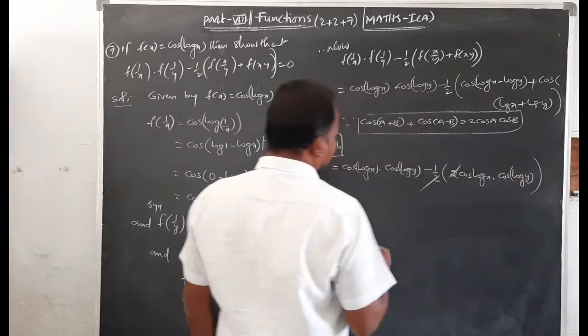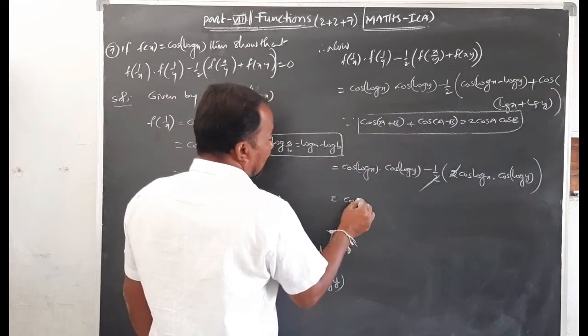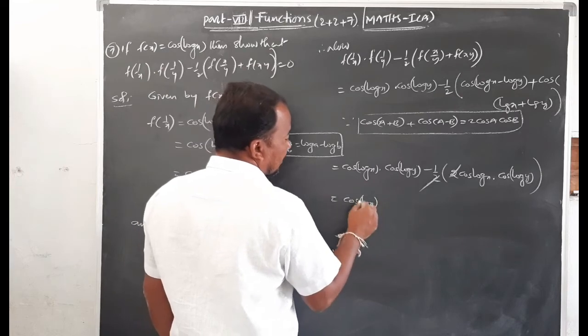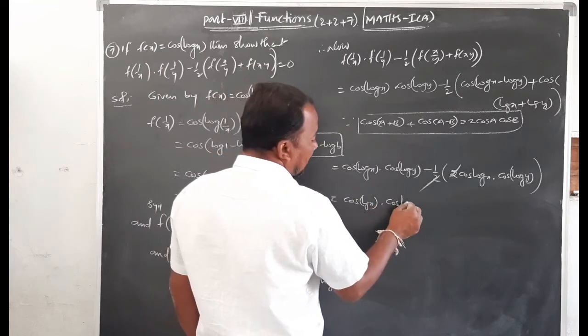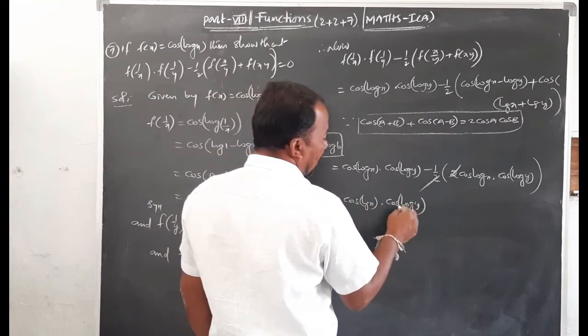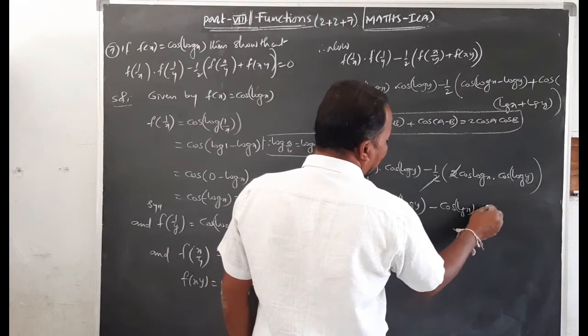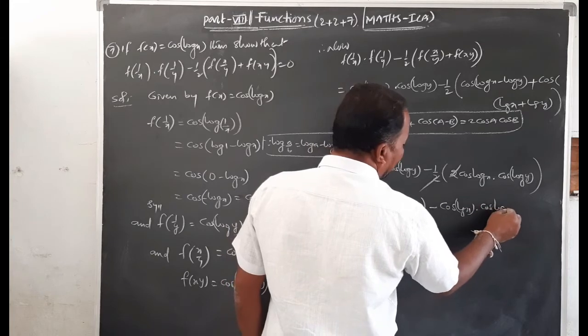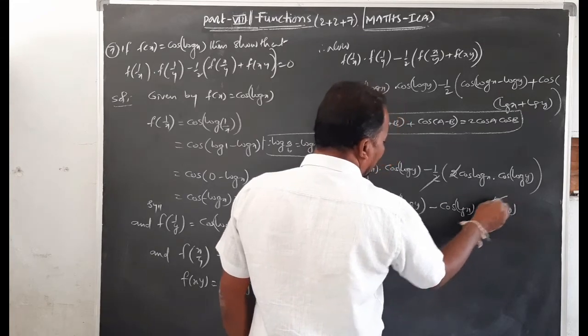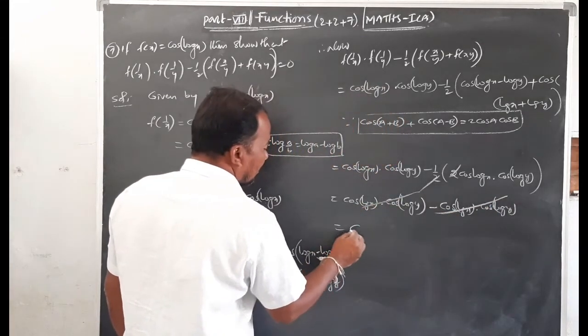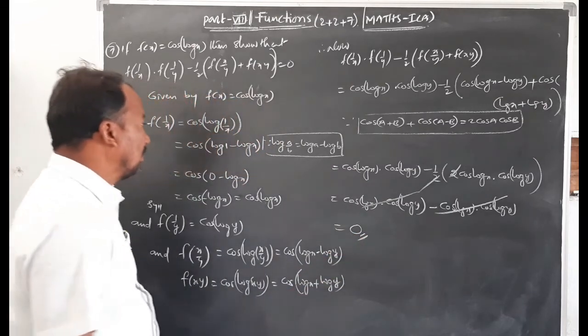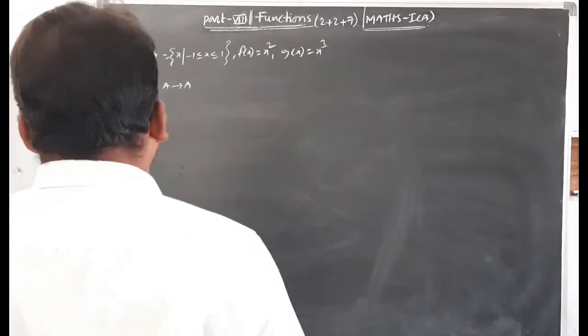The 2 gets cancelled. Cos of log x into cos of log y minus cos of log x into cos of log y gets cancelled, that equals 0.